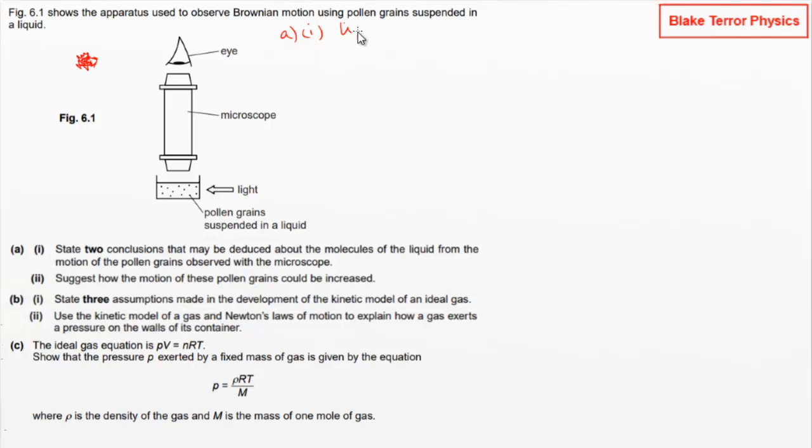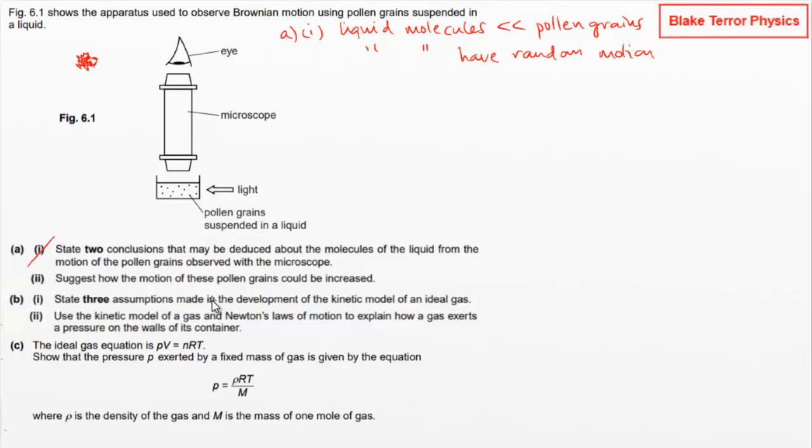So that is the liquid molecules are much smaller than the pollen grains, so that's why we're getting that rapid jiggling effect, and then also that the liquid molecules have got random motion, and that is what's creating the random path of the pollen grains. So those two main things. So that's that first bit.